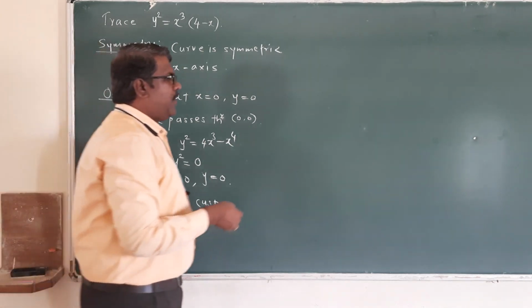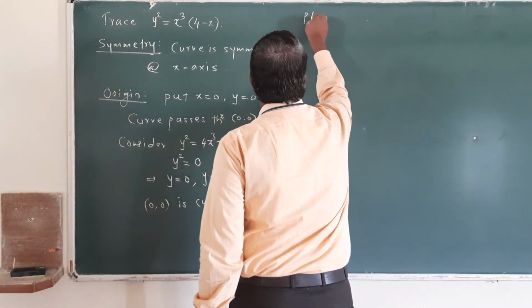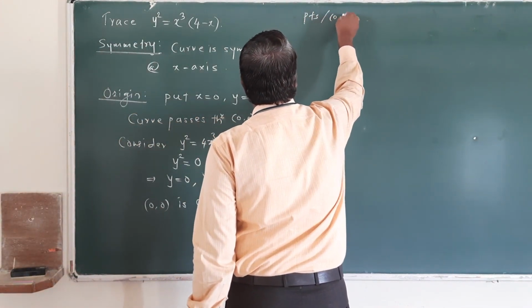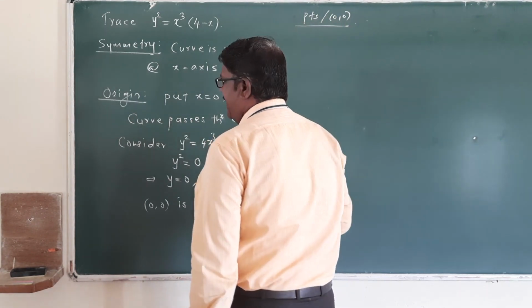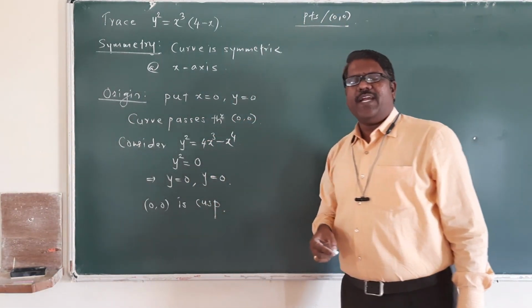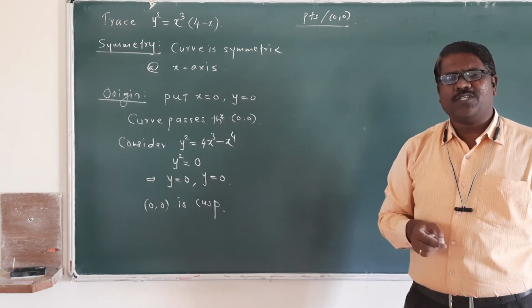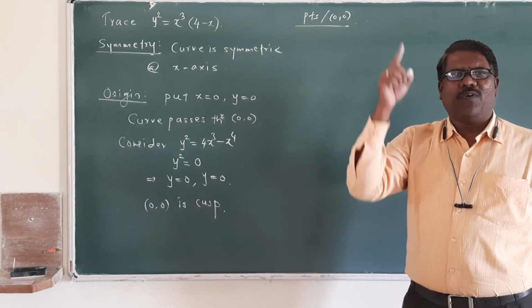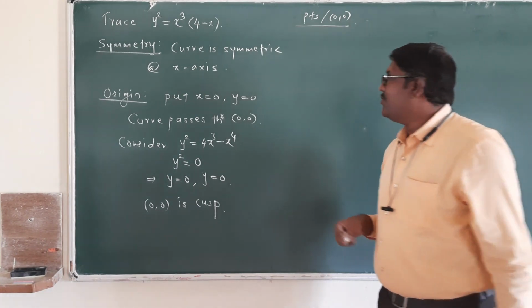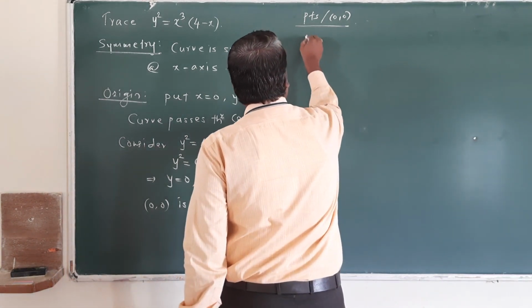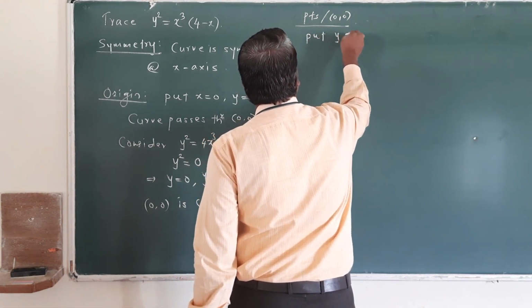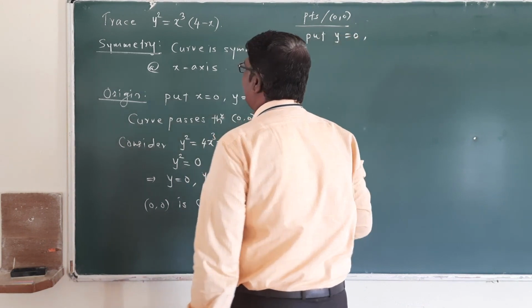Okay. Now the next point is points other than origin. In this, to get the point of intersection on x-axis, put y is equal to 0. To get the point on y-axis, put x is equal to 0. So put y equal to 0 to get the point on x-axis.